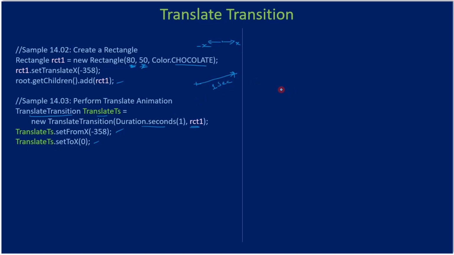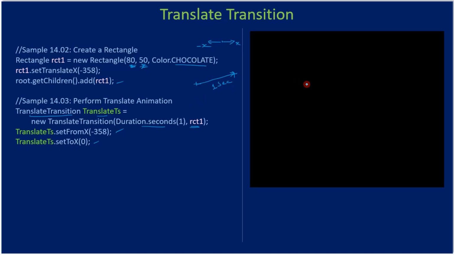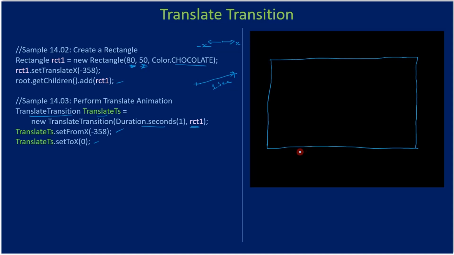So that means, let's state that this is our stage. Based on the container, the origin will change. So here in our example, the origin will be towards the center. So this will be 0, 0.